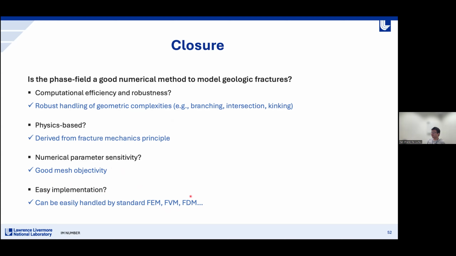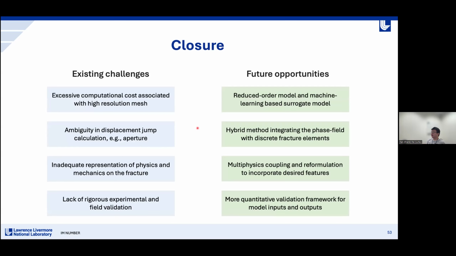So at this point, I think we are confident to say that the phase field is a promising method to model the geological fractures. But of course, I say the phase field is still very young in this field, and there is much space for improvements, especially on the computational cost and the displacement jump calculation across the fracture.